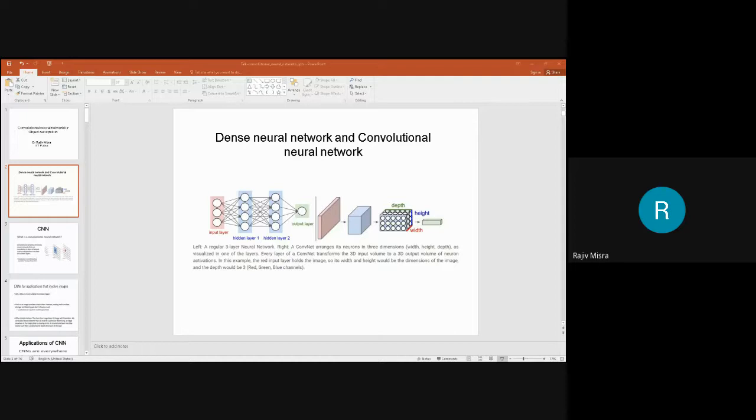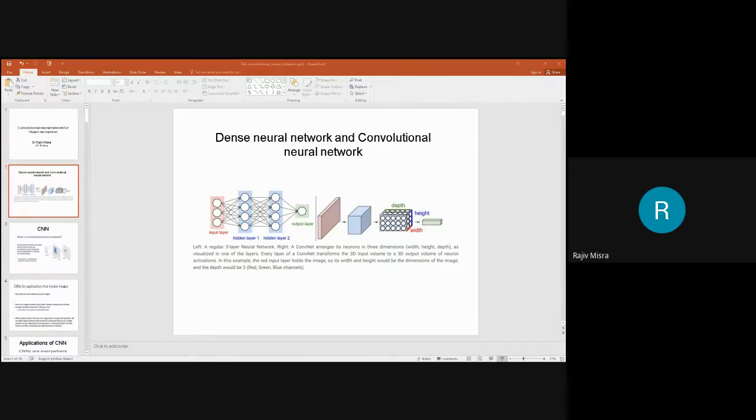But here the CIFAR data set has images of 10 different classes. For example, airplane, automobile, bird, cat, deer, dog, frog, horse, ship, truck. All these images are shown over here. So for airplane, different images of airplanes are shown, and this becomes part of the data set.